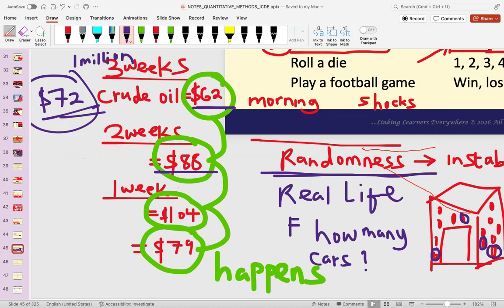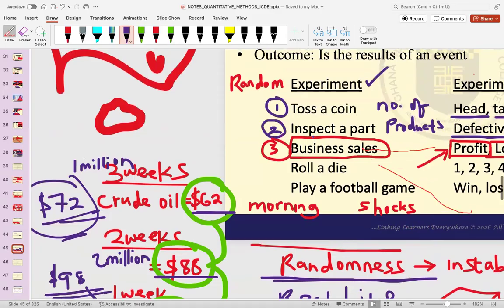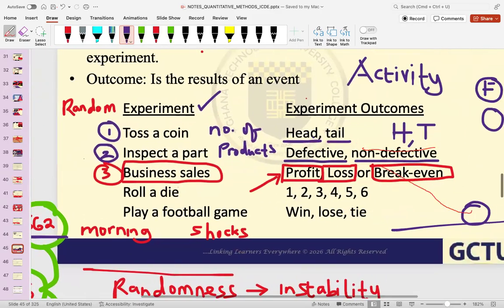You try to gather yourself, you came to buy the thing at $88. You bought about 2 million barrels thinking you can keep it for long and make your sales, only for the 2 million barrels to finish within a short time. You bought it at 88, you were selling it at 98, and then you came back to the market again to source for more, and then the price has shot to 104. How can you then predict your profits? How can you do that? That is the randomness in business sales.